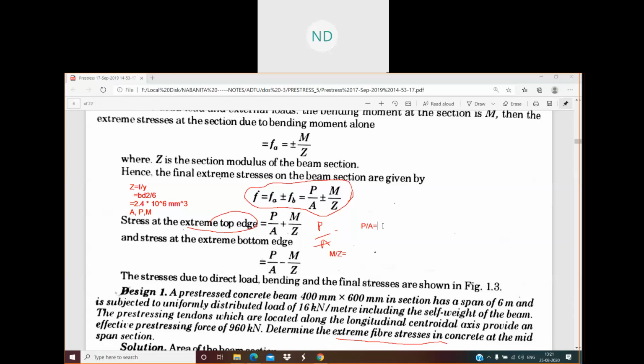Okay. M by Z. What is the value of M by Z? Moment we know. Z also we know, the section modulus.